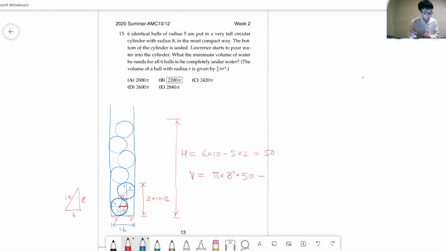So they are totally 6 balls. Each ball has the volume 4 over 3 pi times r cubed. Here r is 5 cubed. And then this is the volume of the water. This is the minimum volume of the water, which equals 2,200 pi. Yeah, that will be the answer, we choose B.